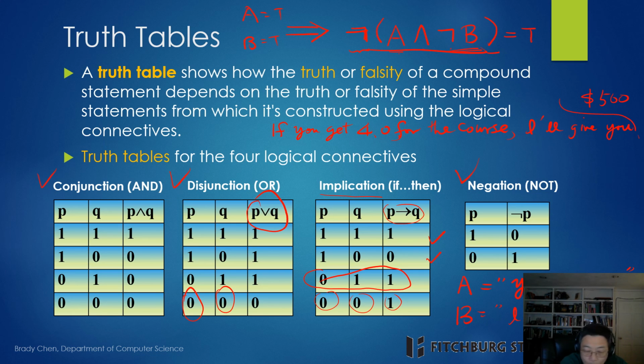In this case, we say if A, then B. So if you get 4.0, then I will give you $500. That's more like A implies B, right?